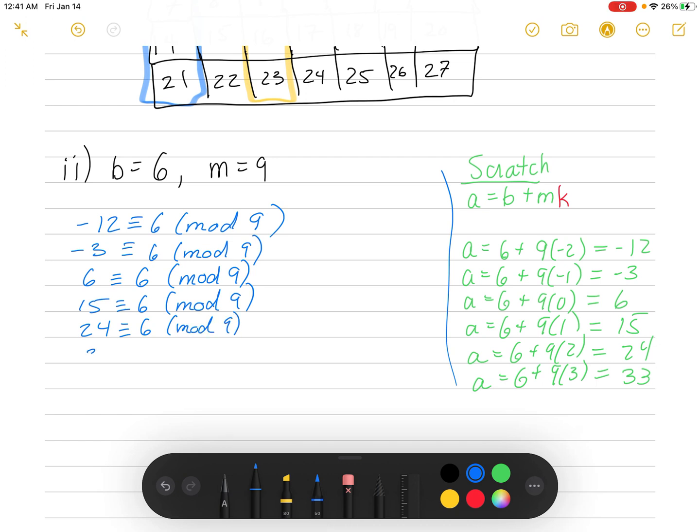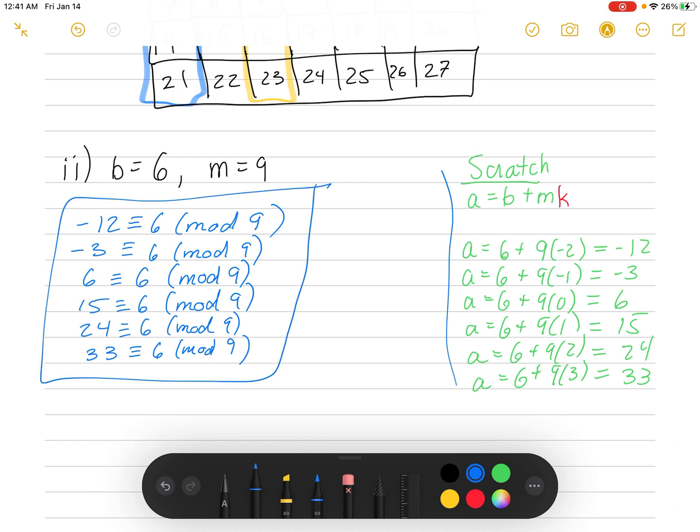And 33 is congruent to 6 mod 9. There are our answers. We found exactly 6 integers that are congruent to 6 mod 9, which are negative 12, negative 3, 6, 15, 24, 33.